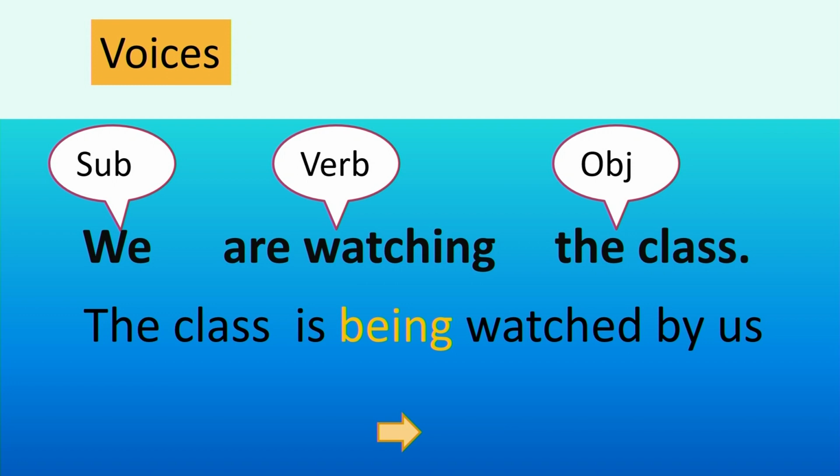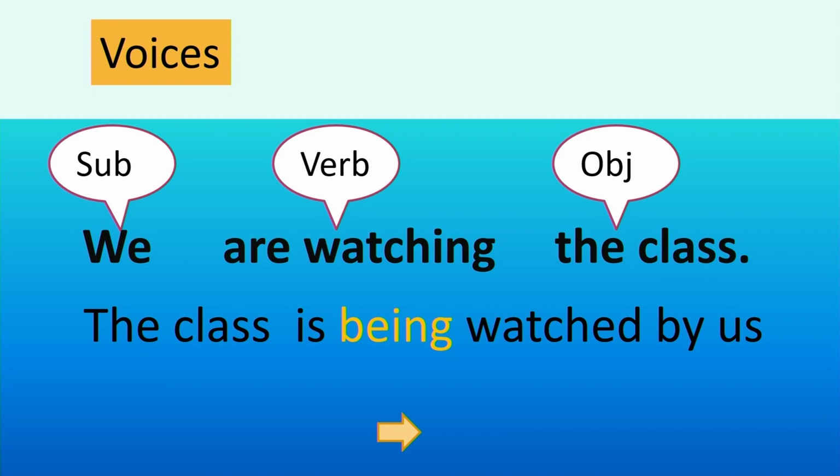In the progressive or continuous tense, we should use being to change the active sentence into a passive voice sentence. What should we use here? Being. To show the continuous tense, we should use being. So, the class is being watched by us.